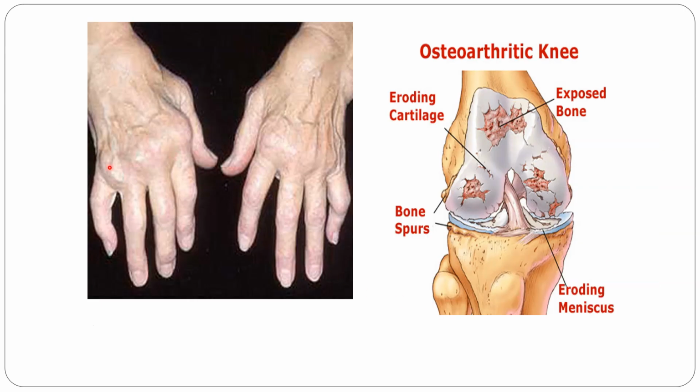See, you can see the further progression of this osteoarthritis. Then in the case of knee joint, which we have mentioned as an example, see the exposed bones because of loss of the articular cartilage and the formation of bony spurs in osteoarthritis of knee.